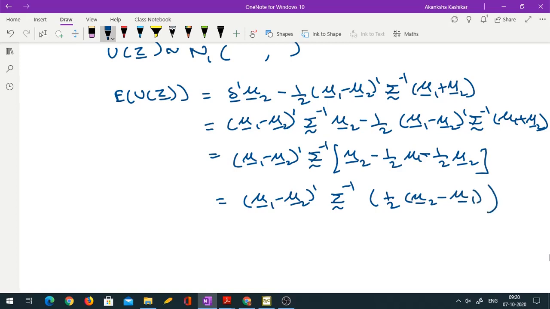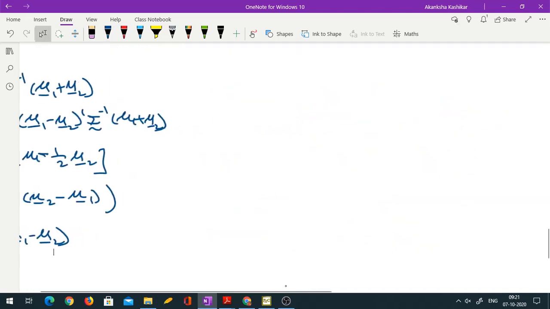Am I right? So it can be written as minus half mu1 minus mu2 prime sigma inverse mu1 minus mu2. Okay. So this is again one of the interesting statistics.